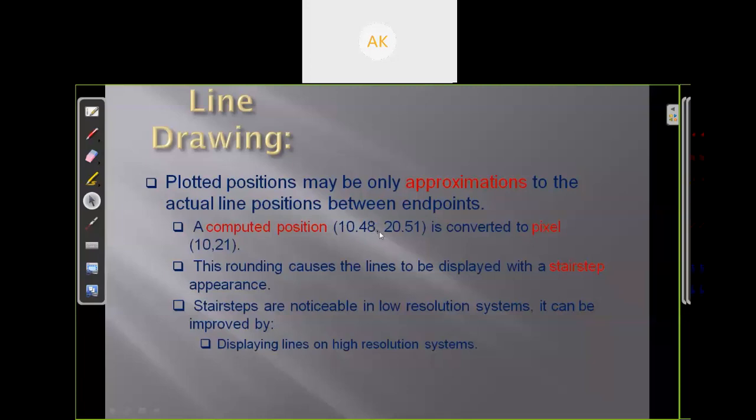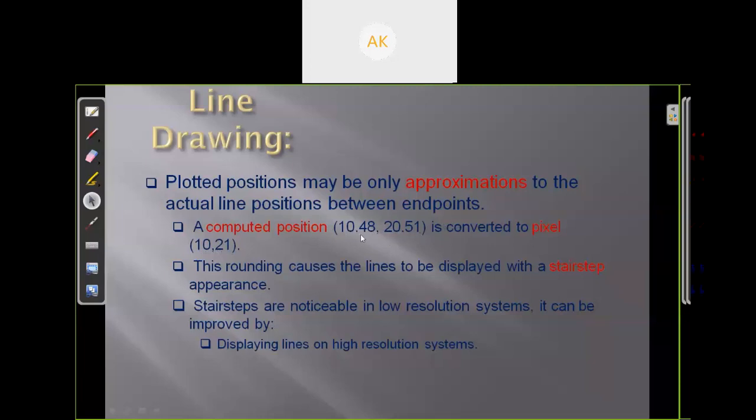Suppose you have calculated an intermediate point 10.48 and 20.51. So we have to round this value to convert it into an integer. After applying the rounding function, 10.48 will be 10, and 20.53 will be 21.